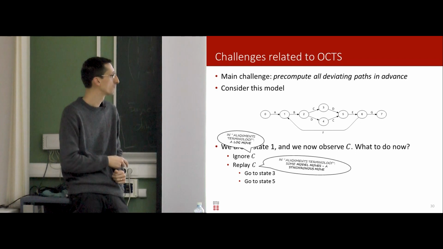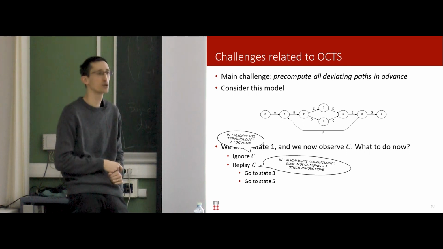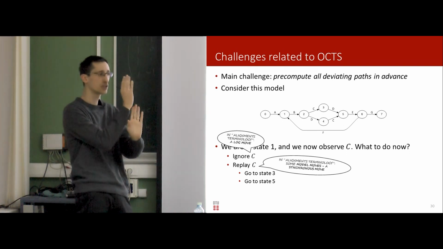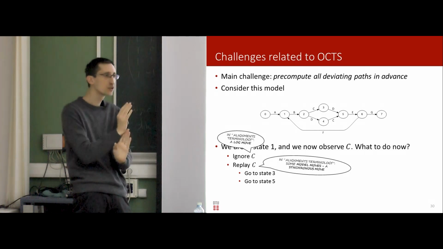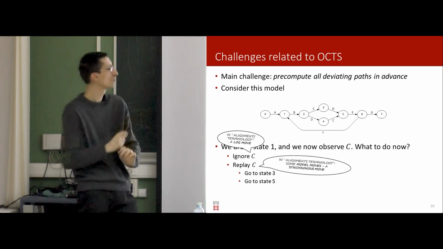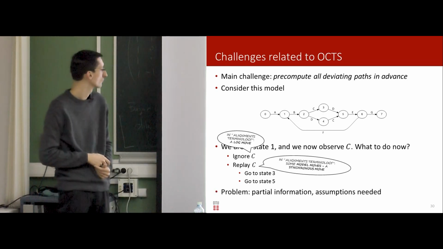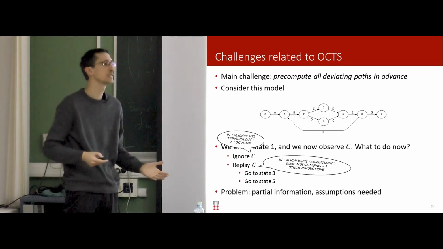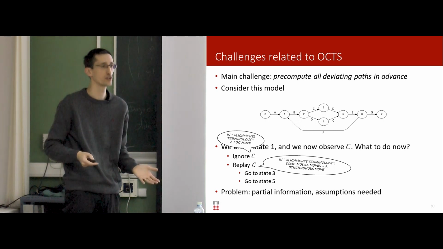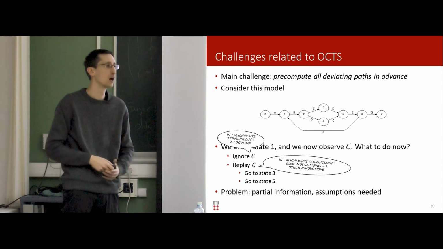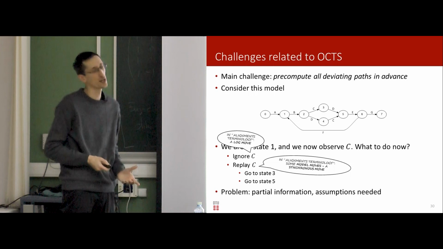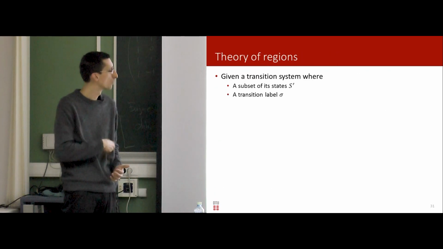Replaying a C means to do some model moves followed by a synchronous move. So we decide to synchronize on C, but in order to synchronize on C, we have to do some model moves before. The problem here, of course, is that we have just partial information, so we don't know the context, so we have to assume something.